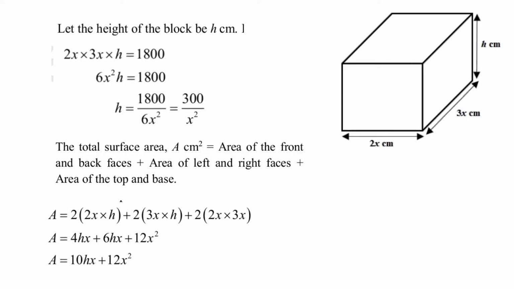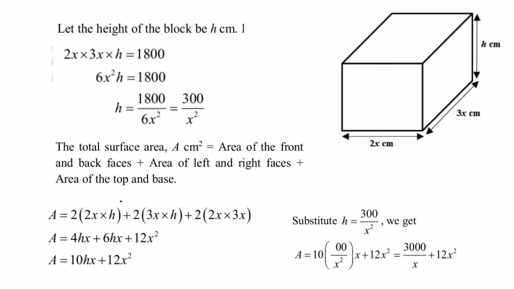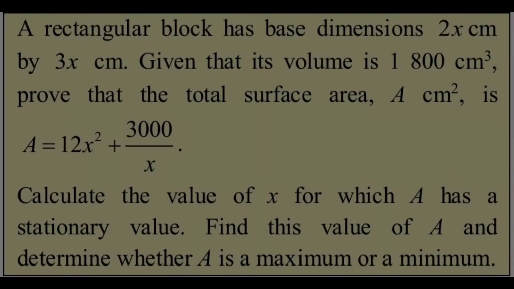So we substitute the values, and then we get A equals 10hx plus 12x². Then we replace h with the value 300 over x², and then we calculate, and we get A equals 3000 over x plus 12x².